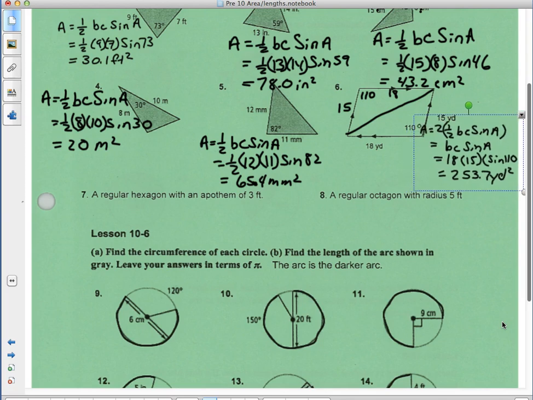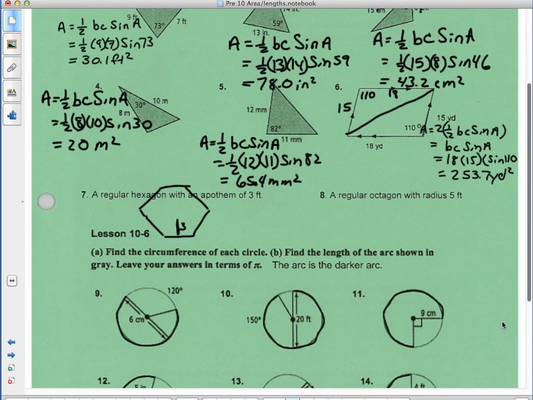Okay, so now a regular hexagon with an apothem of 3. If I have a regular hexagon with an apothem of 3, and this is a hexagon, let's assume it's regular.